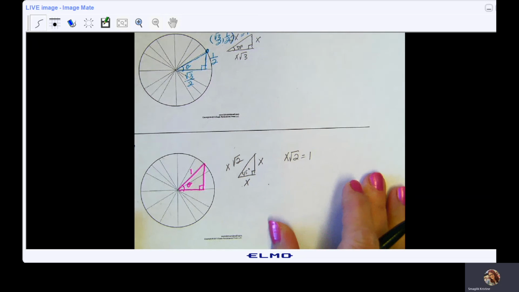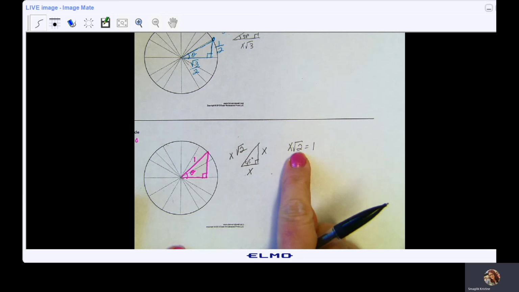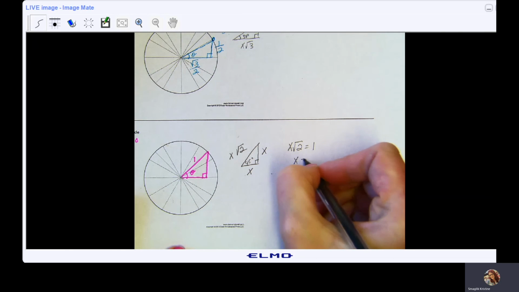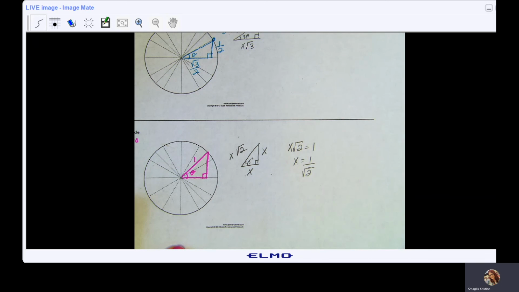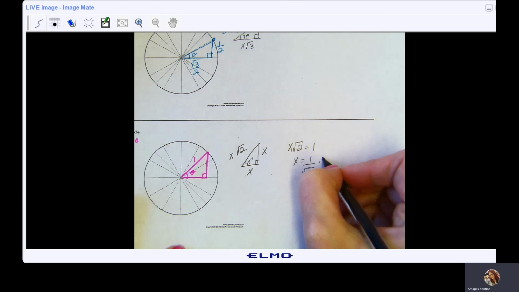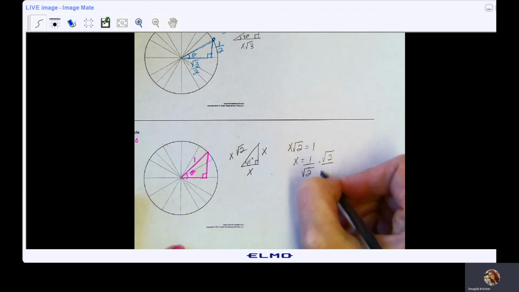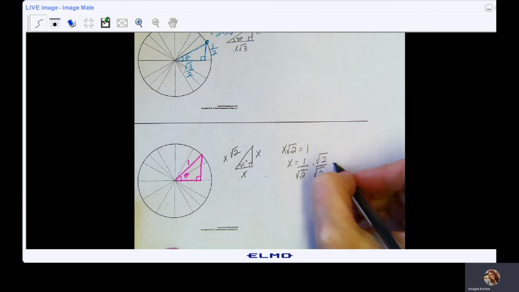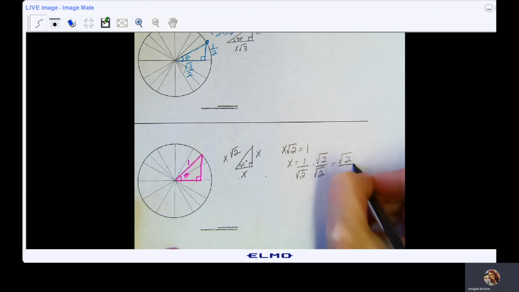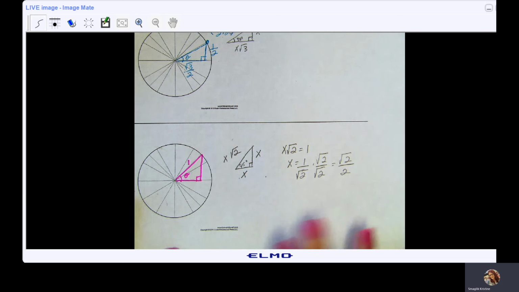So let's solve for x. I'm going to divide both sides by the square root of 2. I don't ever want to leave a radical in the denominator, so I'm going to multiply top and bottom by the square root of 2. We're going to rationalize that denominator, and we get square root of 2 all over 2.